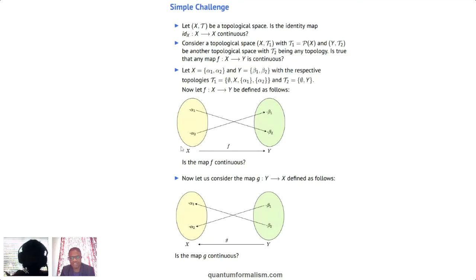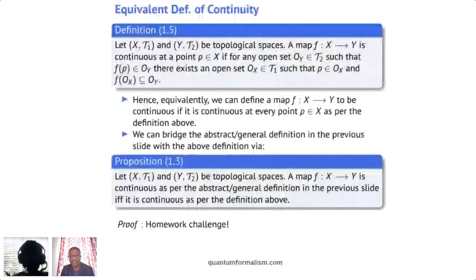So we have this map F that goes from X to Y, and it takes alpha 1 to beta 2, alpha 2 to beta 1. Why not? So the question is whether this map is continuous. Again, you check which definition is best for you. Let me go back again. Is it the first one? This one is easier for you to see.